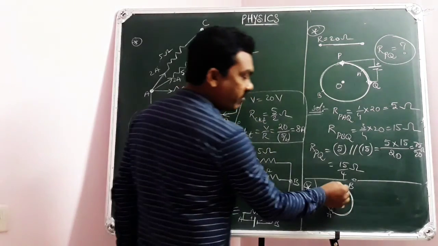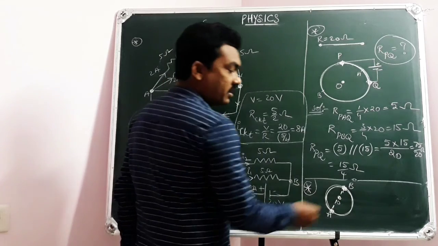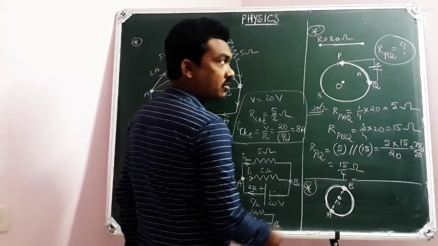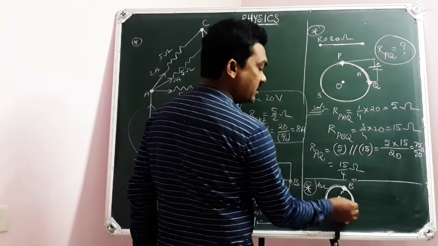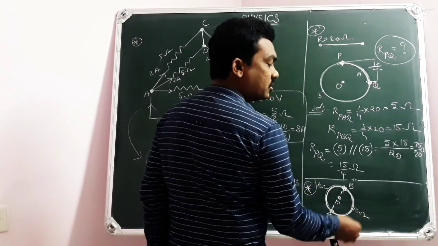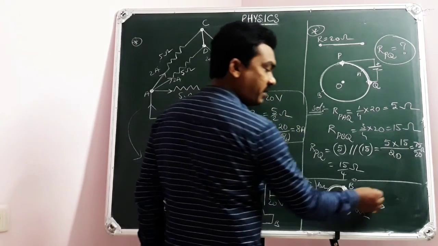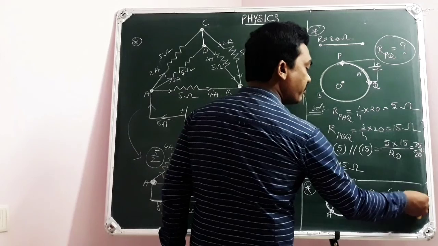While calculating equivalent resistance across the diameter, these two portions are of the same length. So the resistance will be divided equally. This is 10 ohm and this will be 10 ohm. So while calculating equivalent resistance across the diameter AB, 10 ohm and 10 ohm are in parallel.